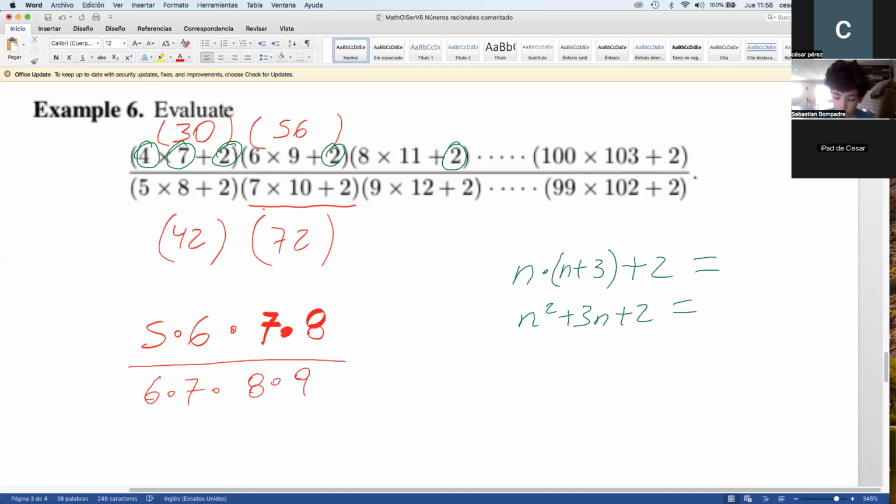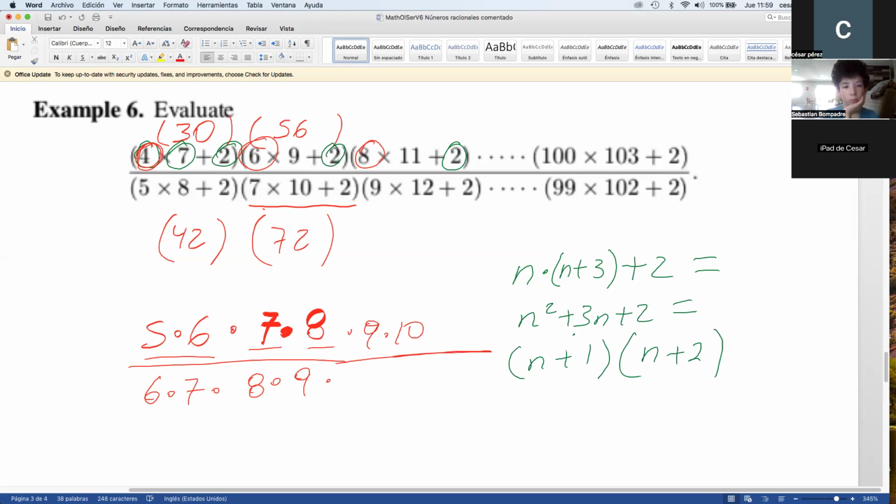And we can factor this: we need two numbers that multiplied give 2 and added give 3. So we will have plus 1 and plus 2. So we can see that if we have 4 here, we will have 5 and 6. 6 here, 7, 8. 8 here, we will get 9, 10. So we have something that we can simplify.